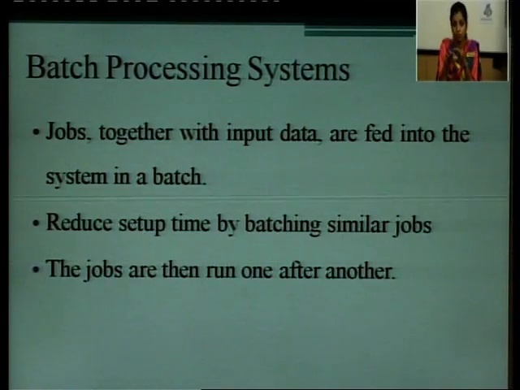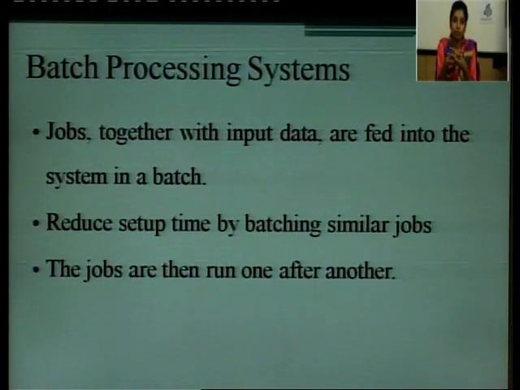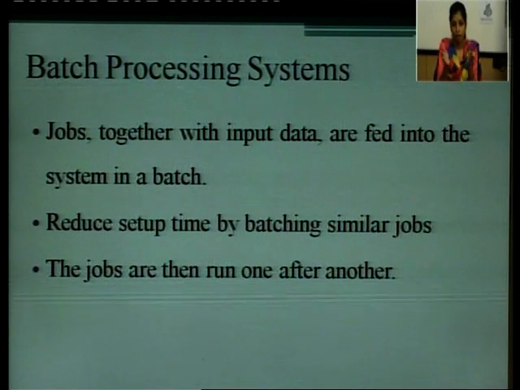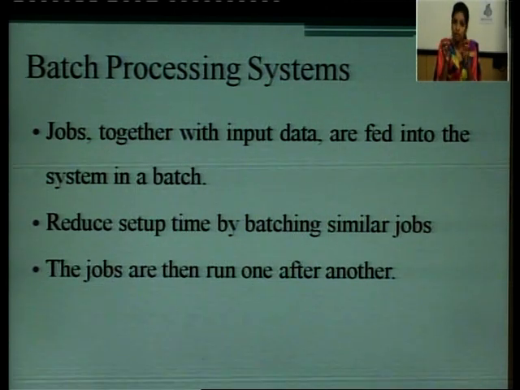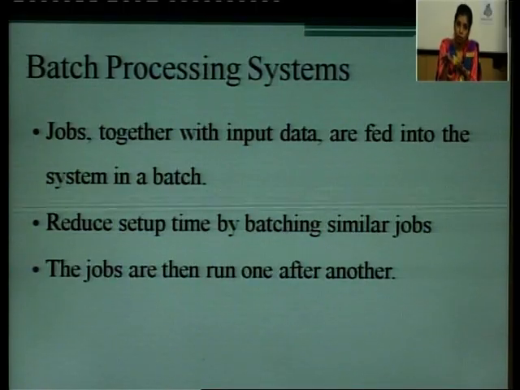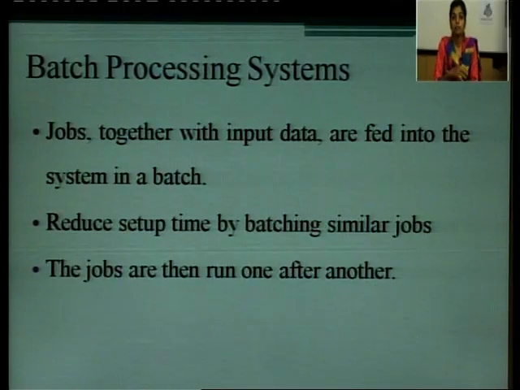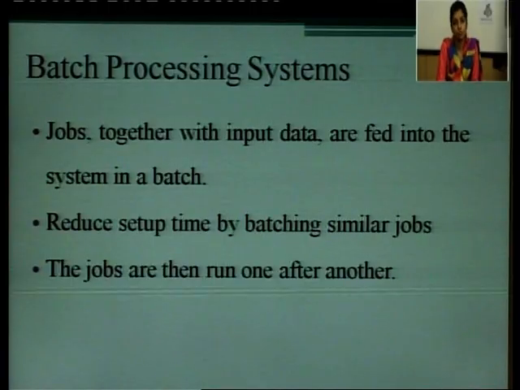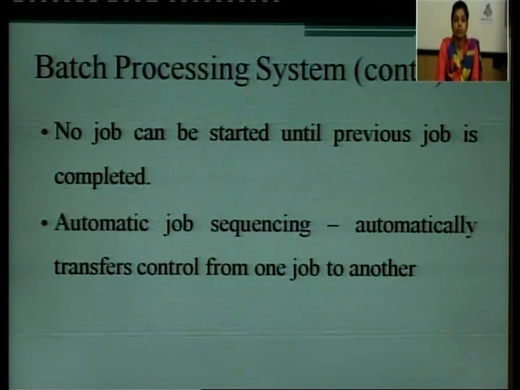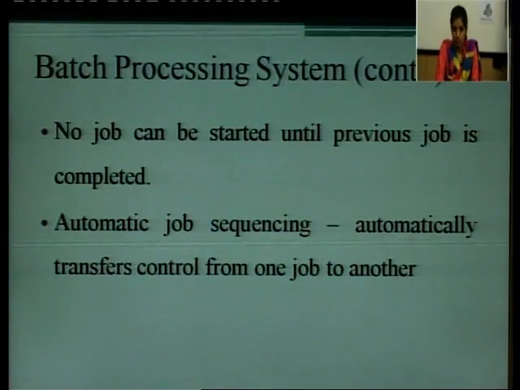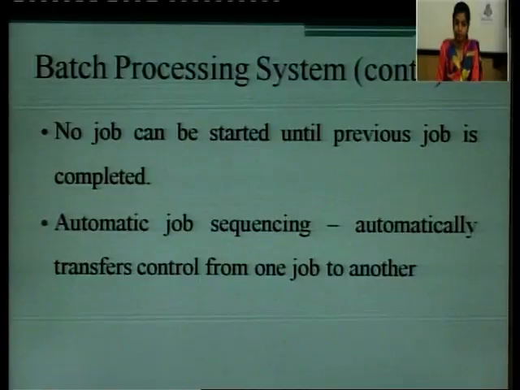Rather than executing similar jobs one by one, we make a batch of those related jobs, and a single batch is executed only one time. The jobs are then run one after another. No job can be started until the previous job is completed. There is automatic job sequencing, with automatic transfer of control from one job to another.